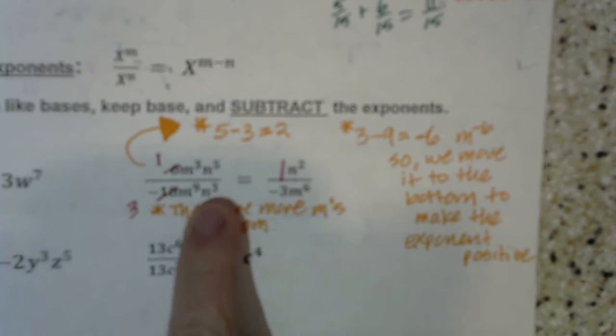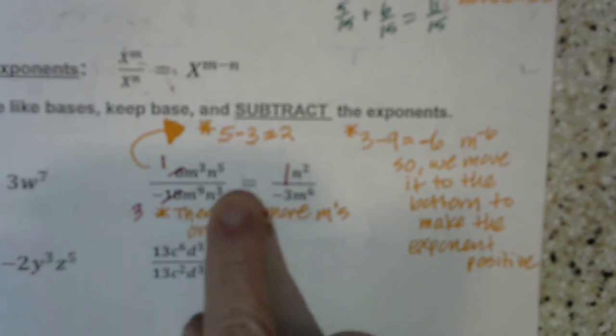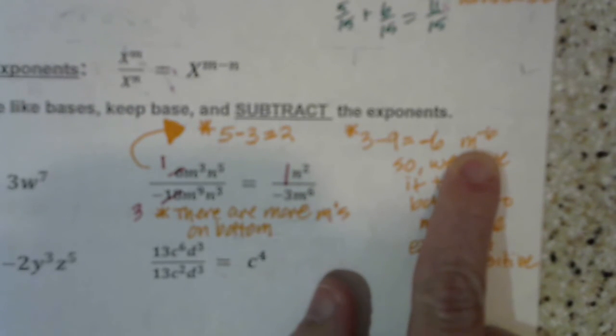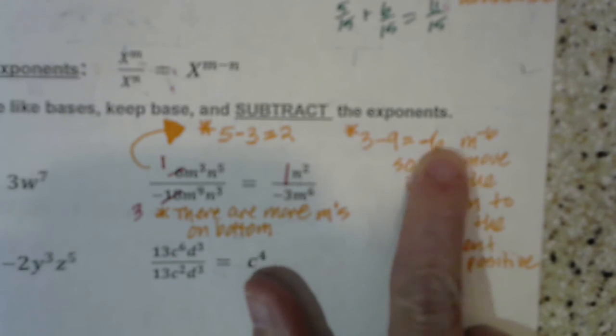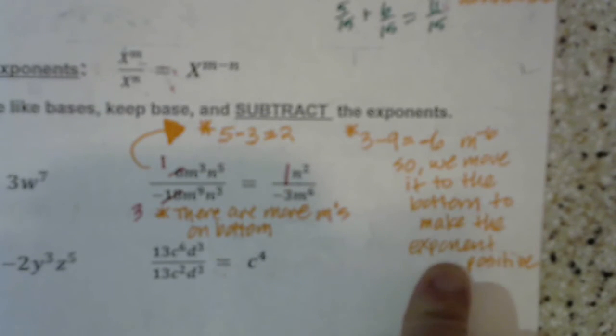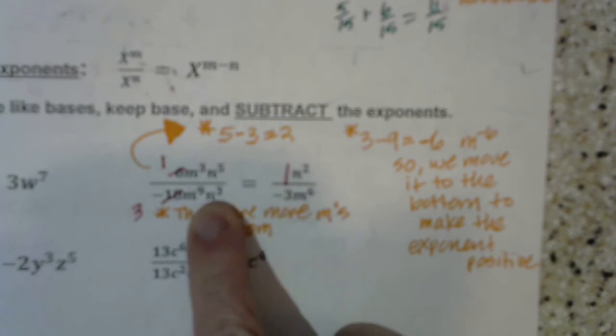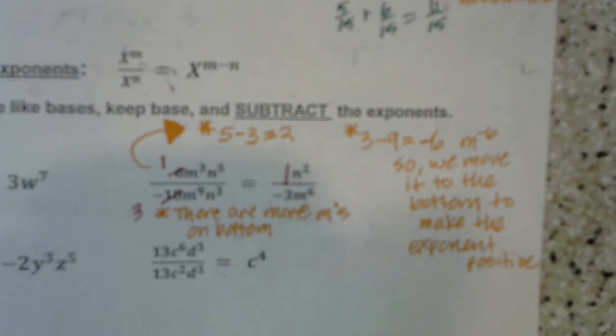So when I did my m's, you can also look at this as 3 minus 9 is negative 6. But I would not want m to the negative 6 on top, so it moves down to become positive. I don't have to do that with 5 minus 3 because 5 minus 3 was 2, so it can stay in the numerator.